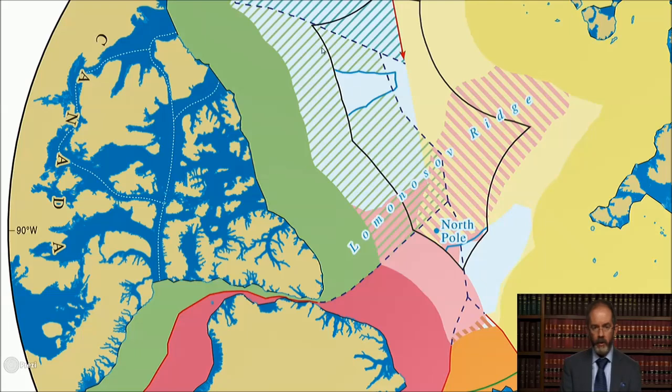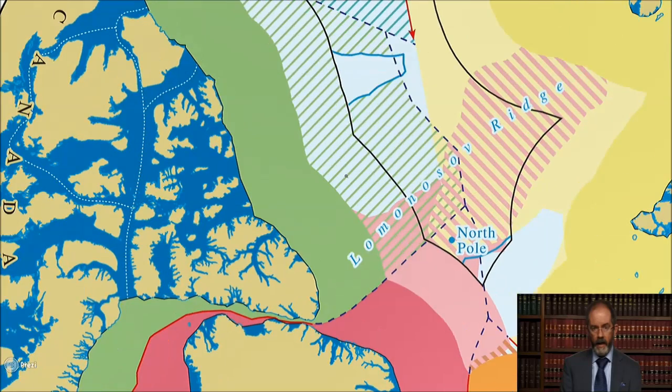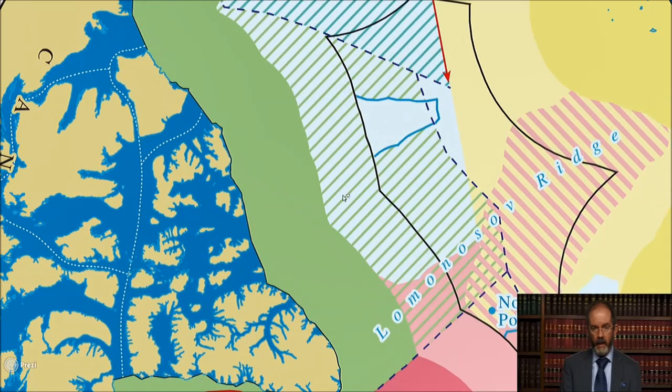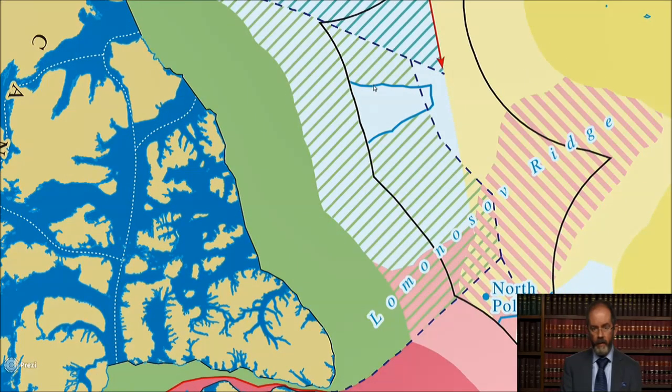But what I want to draw attention to are these features here. This black line is 350 nautical miles from Canada's baselines, and this blue line represents the 2,500 metre isobath plus 100 nautical miles. So one way of thinking about this is the cross-hatched area is perhaps all of the physically existing continental shelf for Canada, stretching up towards the North Pole.